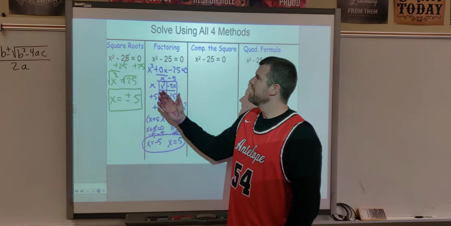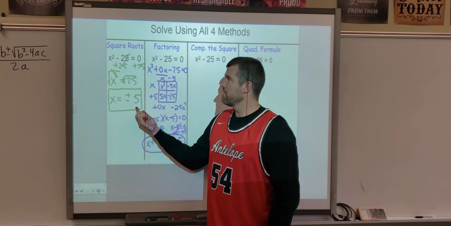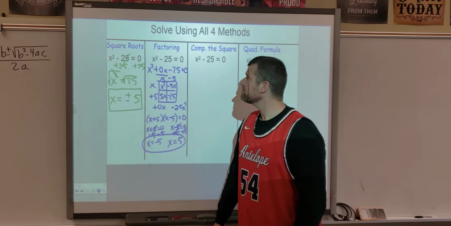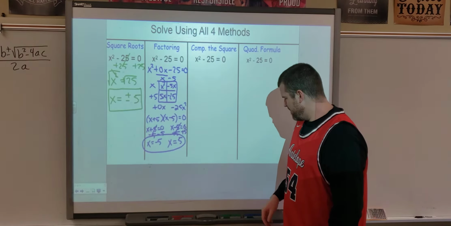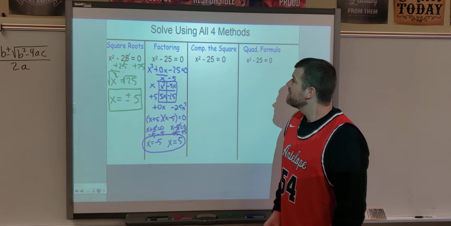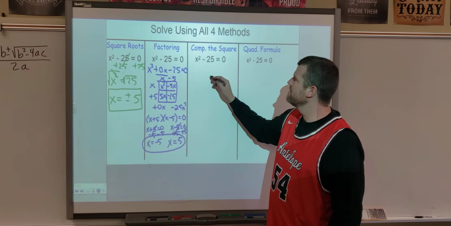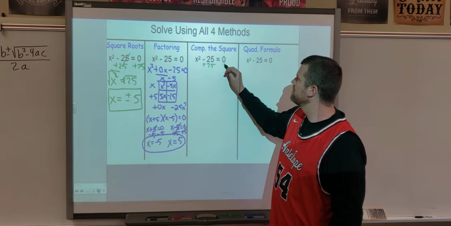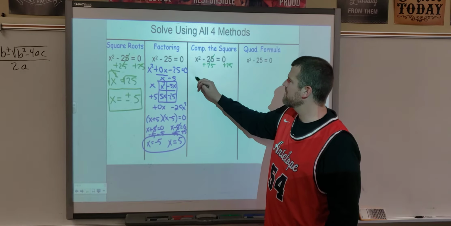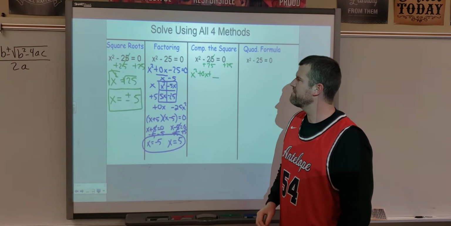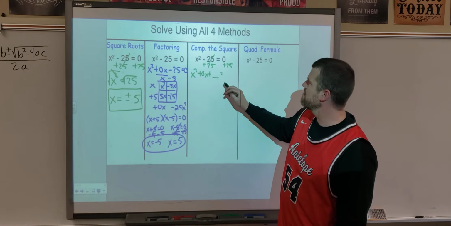But again, if you recognize that you could use the square root method, that's going to be a little bit shorter than factoring. We could also do this by completing the square. So to complete the square on this one, we're going to add our c value to the other side, which gives us x squared plus 0x plus our new c value equals 25.